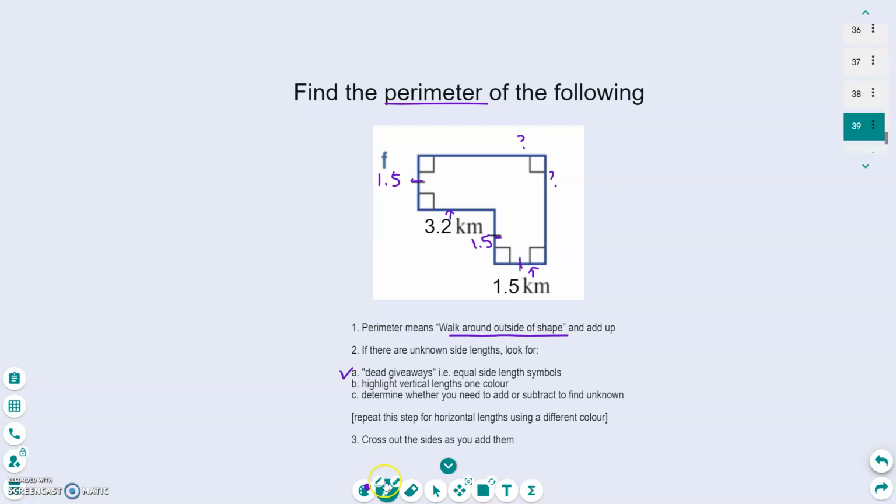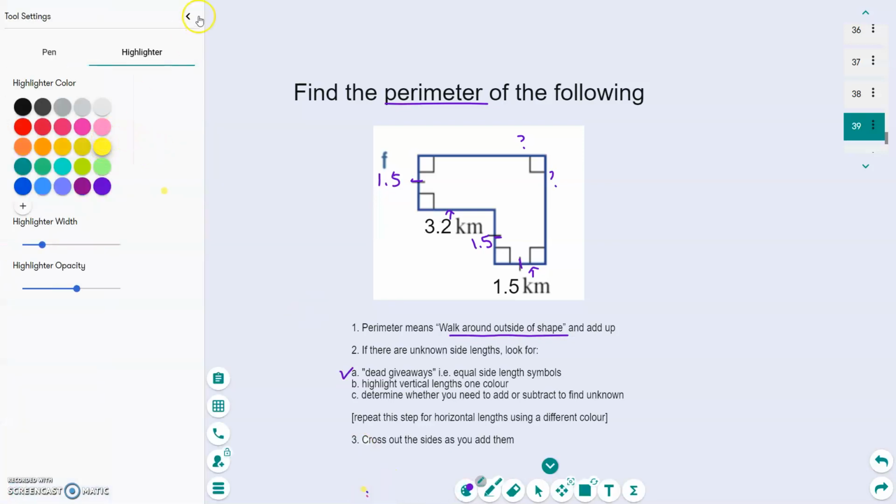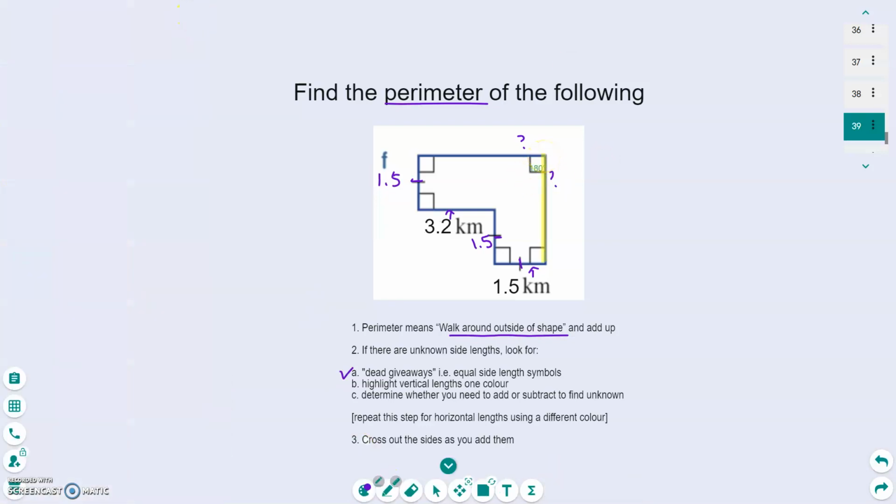Just choose the color for it. Vertical, vertical, vertical. And then you can make some deductions about that. So this big yellow length must be the sum of these two lengths, right? These two vertical yellow lengths.